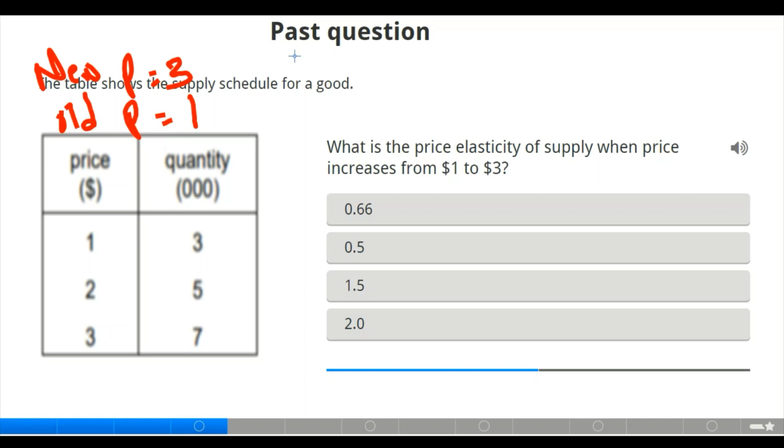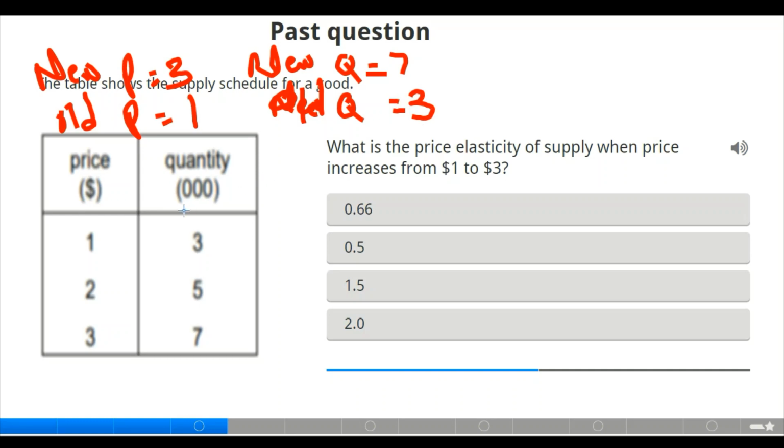Now what should be our new quantity? Our quantity goes from 3 to 7. So we have 7 as our new quantity, and 3 as our old quantity.